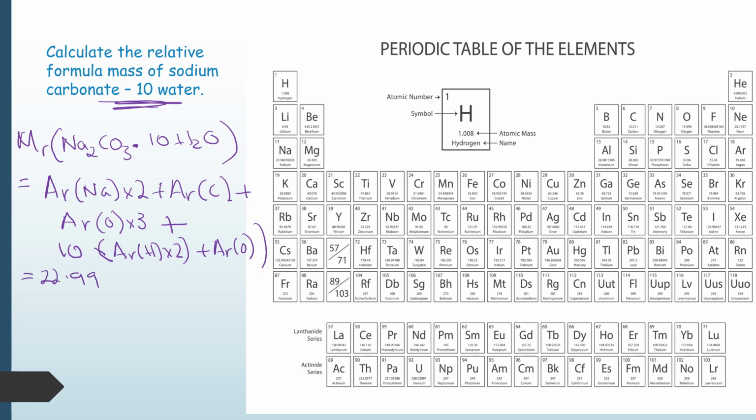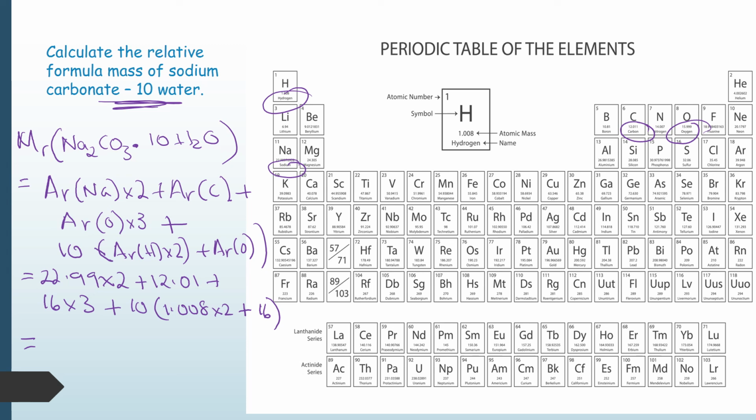So we're going to go 22.99, remember I go to my periodic table and find it, times 2, add carbon, which is over here, 12.01, add oxygen, which is over here, 16 times 3, add 10 times hydrogen, which is here, 1.008 times 2, add oxygen, 16.